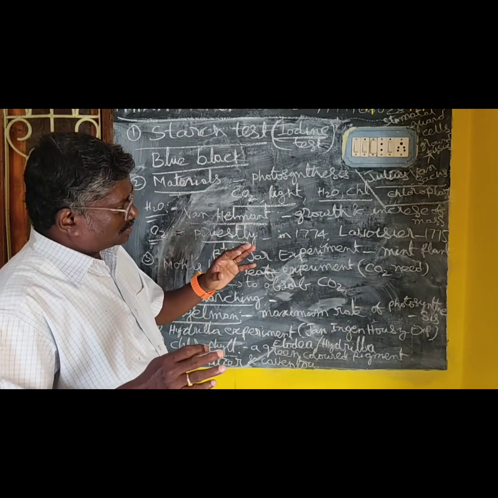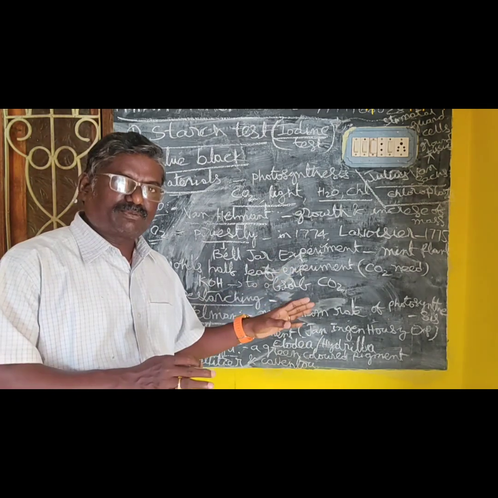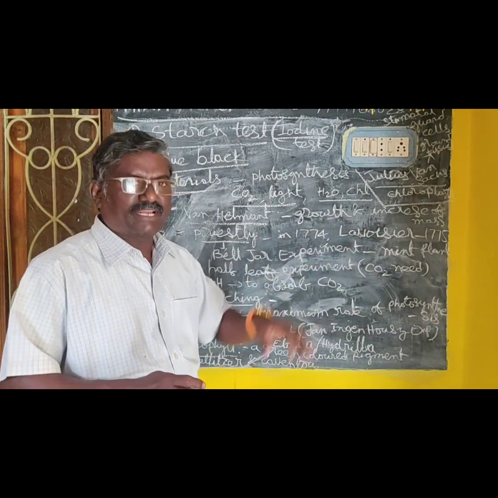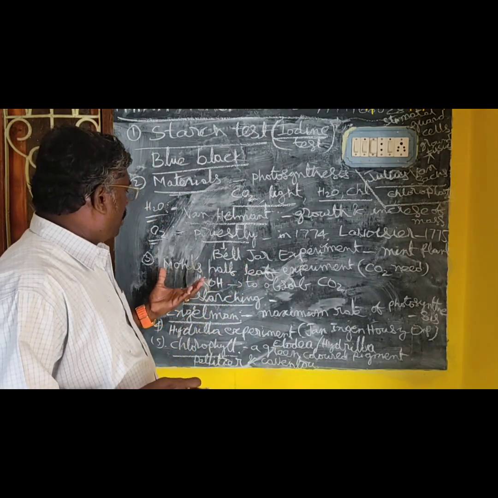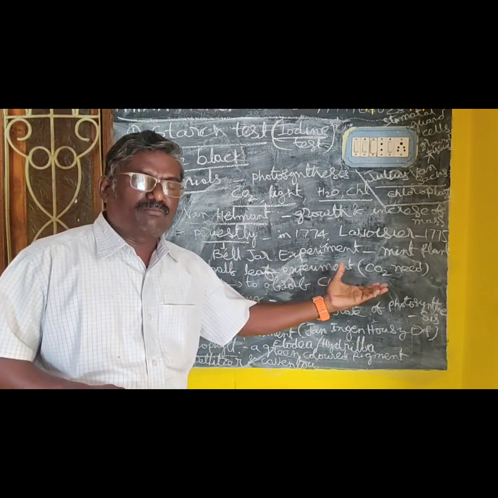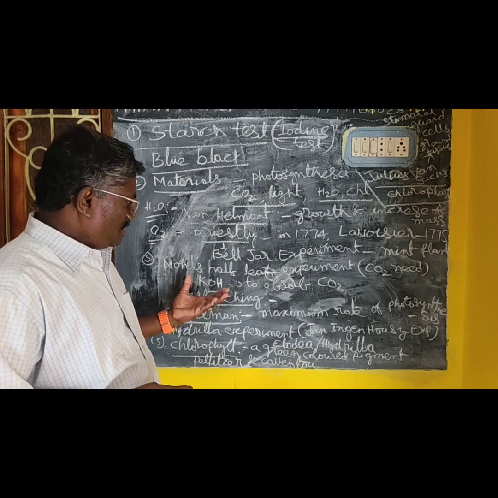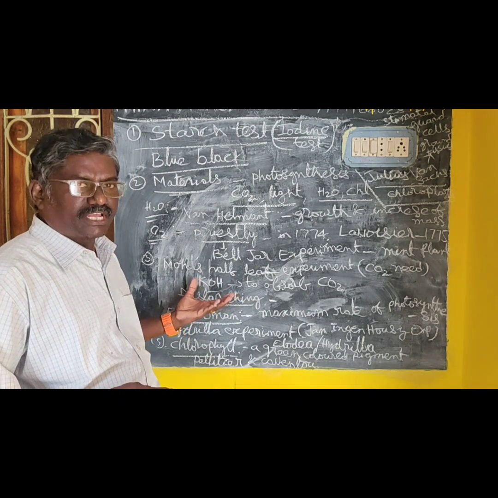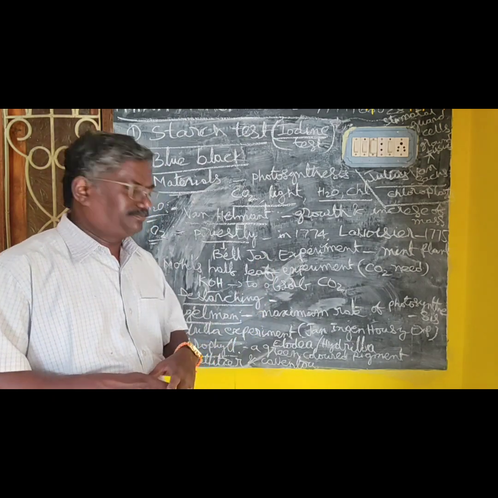For this experiment, he used a mint plant. Moll's half-leaf experiment: to prove carbon dioxide is essential for photosynthesis, he used KOH, potassium hydroxide, to absorb carbon dioxide.